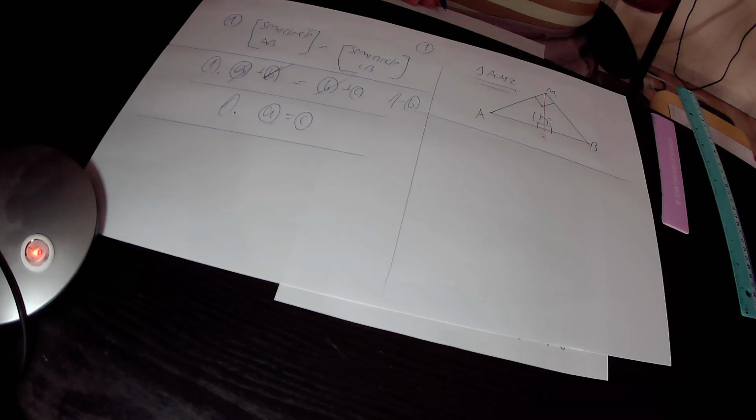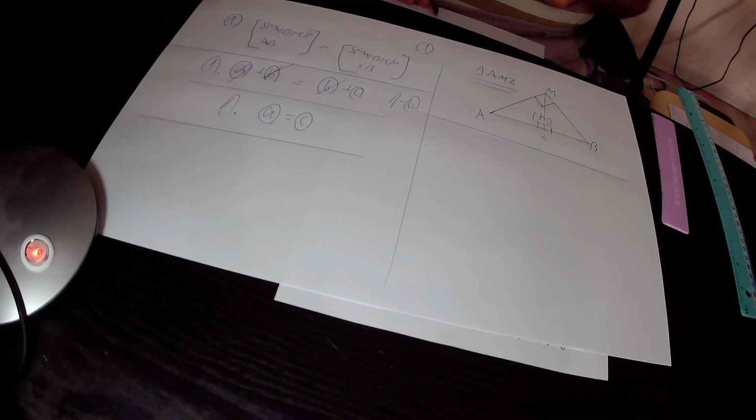We calculate the area of this right triangle AMB in two different methods, and then we get an equation that says that the area of triangle AMB according to the first calculation must be equal to the area of the same right triangle AMB according to the second calculation.